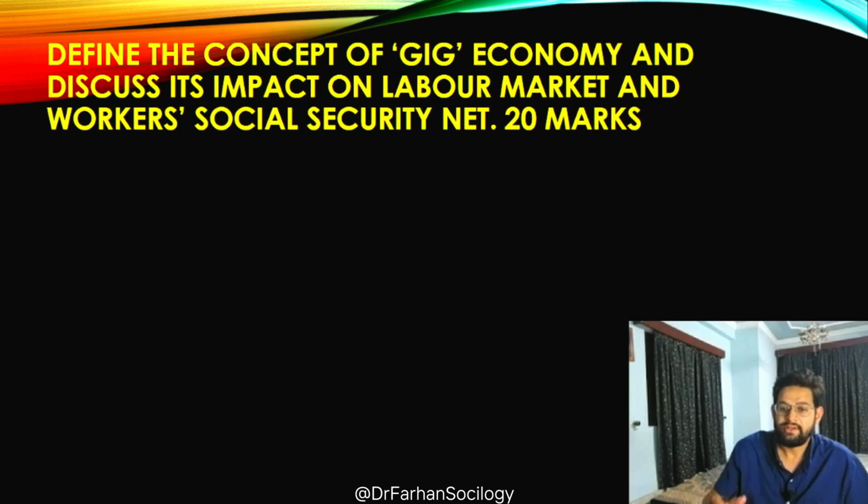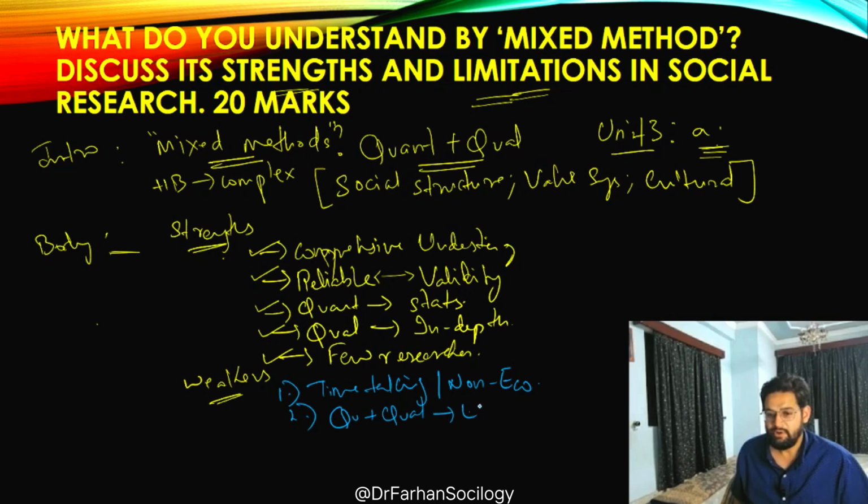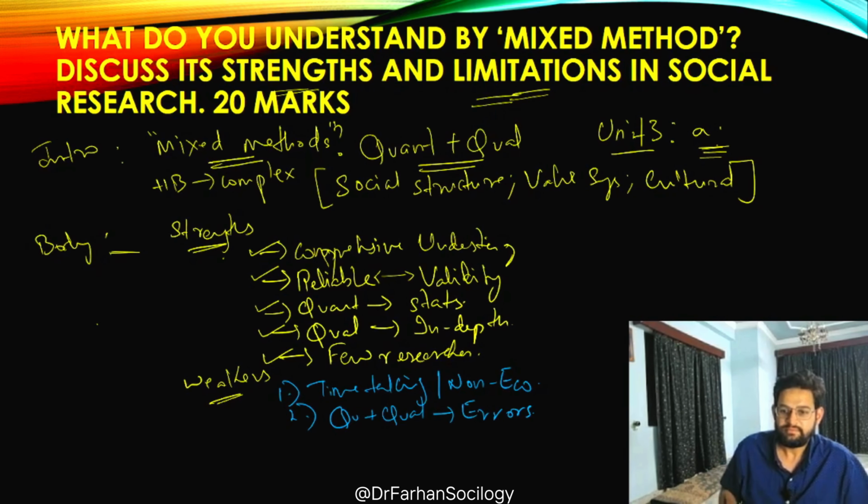Moreover, different mergers. If you are bringing the quantitative and the qualitative methods together, such a phenomenon is more prone to a number of different errors as well. So more different kinds of errors are also going to be established.